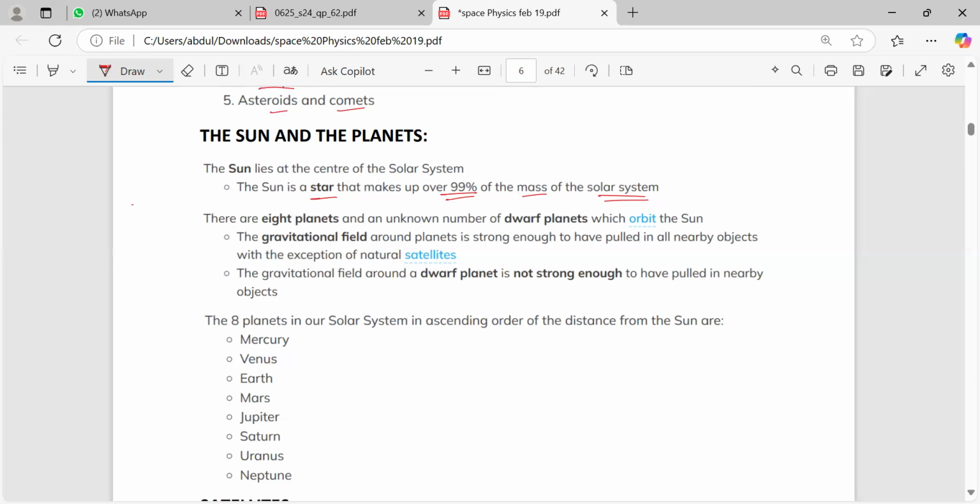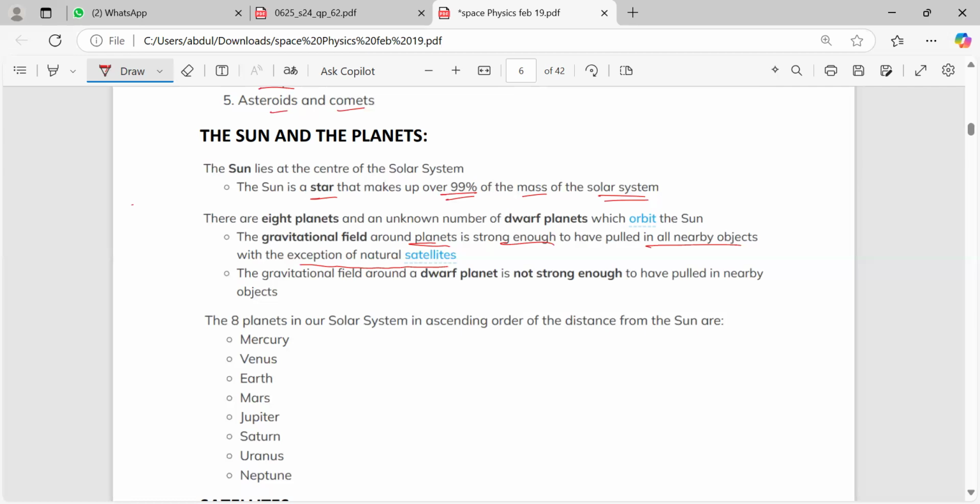So the gravitational field around the planets is strong enough to have pulled in all nearby objects, with the exception of the natural satellites. That's why if anyone is planning to get rid of Earth's field by jumping from some height, of course there is only one way to move, toward the center of the Earth, because the gravitational field is strong enough.